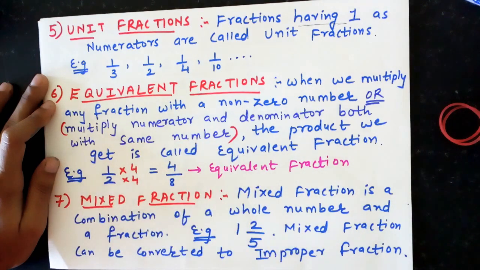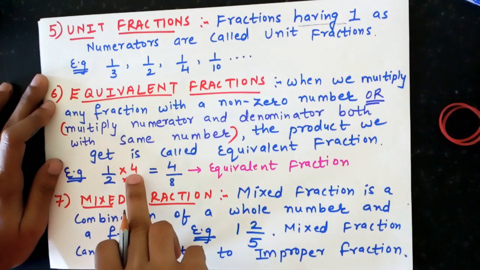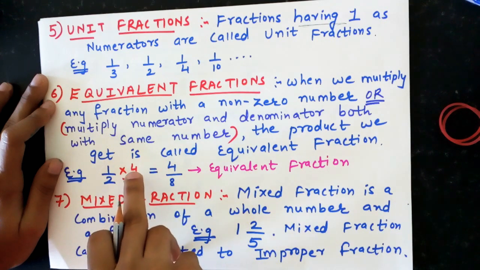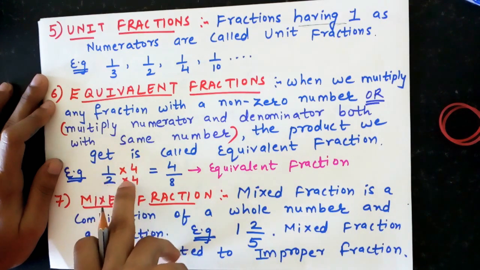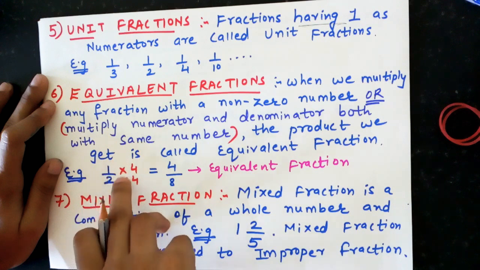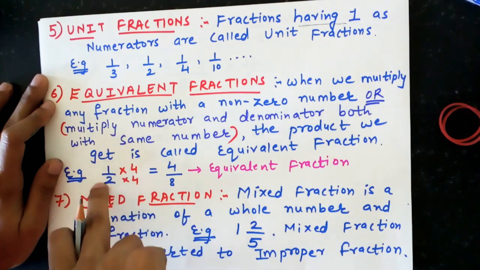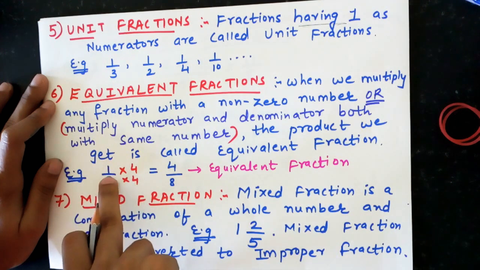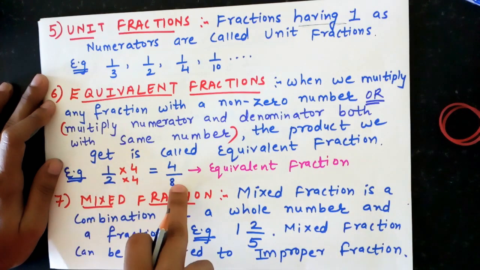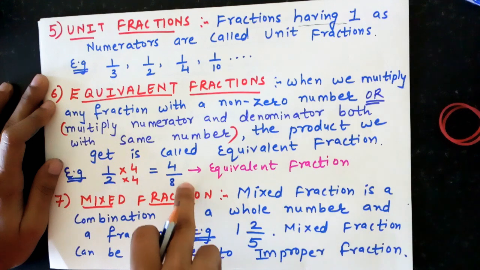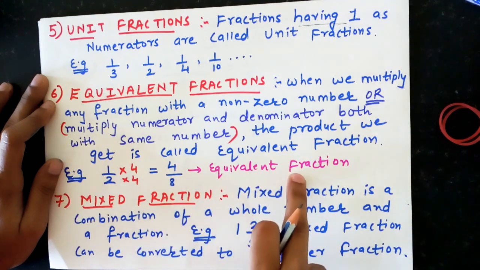You can take any number of your choice. I have taken 4. Both should be multiplied by the same number. Keep in mind that the whole fraction should be multiplied by 4. So 4 ones will be 4 and 4 twos will be 8. So the answer you are getting, 4 upon 8, that is called an equivalent fraction.